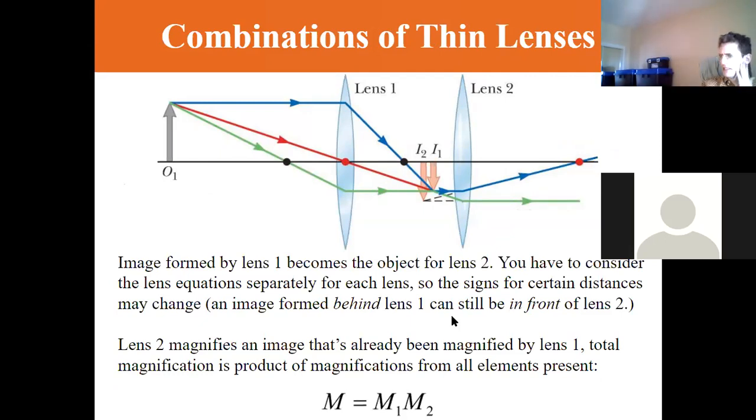Same with mirrors. You just break it down into steps, and you don't worry about the other ones until you get to them. The only thing worth pointing out is that every time you pass through a lens or a mirror, there's magnification happening. So the image through lens 1 gets magnified and then it gets magnified again by the second lens. So the total magnification is a product of all the magnifications that occur on the way.